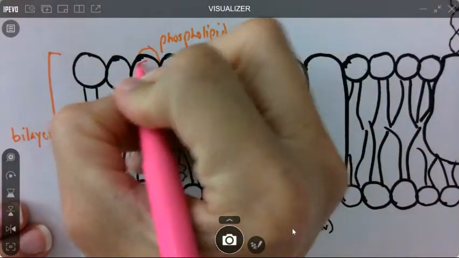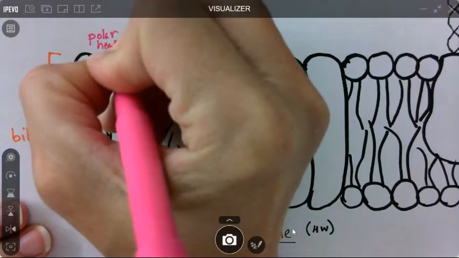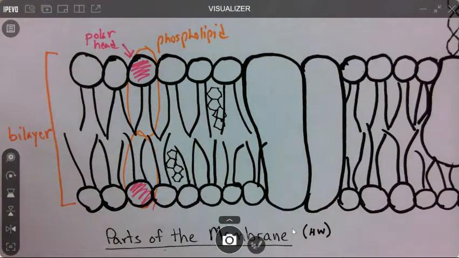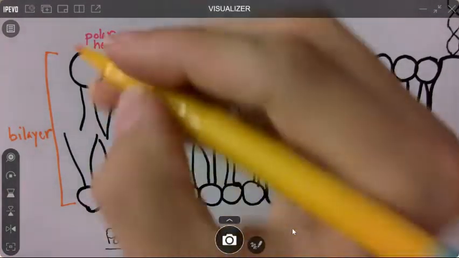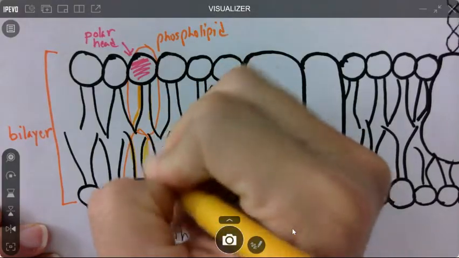The head of the phospholipid is a polar head, right? And the tails of the phospholipid are nonpolar.